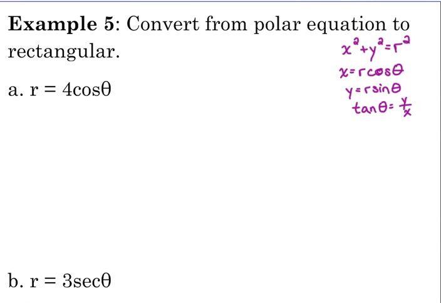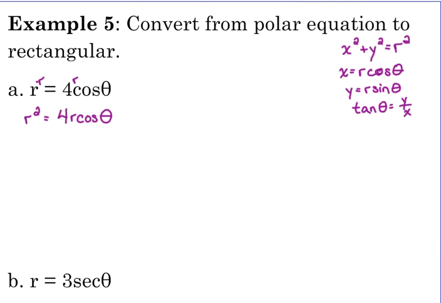So that thing that we are going to multiply by here is r. Okay, if we multiply both sides of the equation by r, r times r is r squared. And on the other side, we would just write that as 4r cosine of theta.